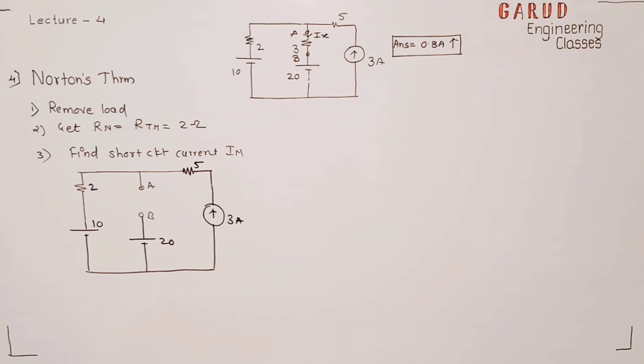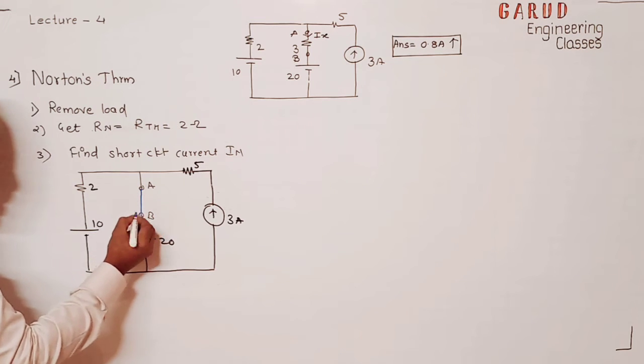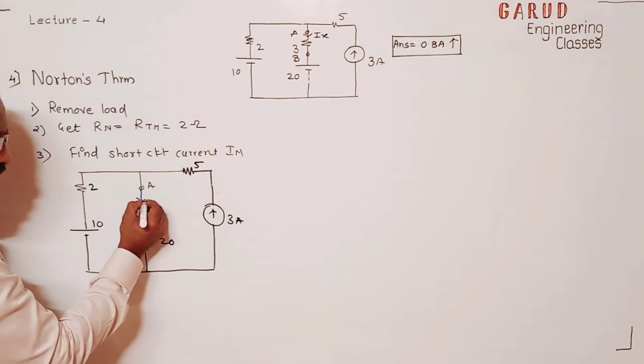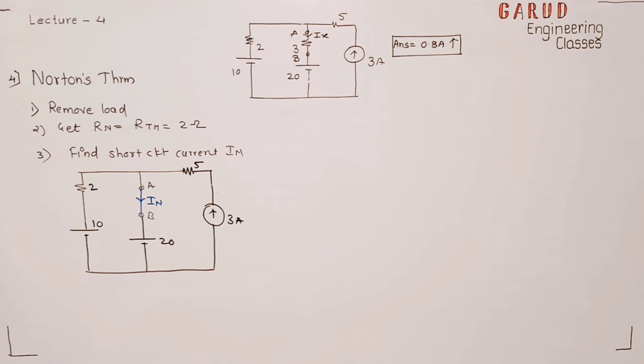Now what to do? We have to find the short circuit current. That means we have to short terminals AB, and through here we find the Norton current. It's very simple.